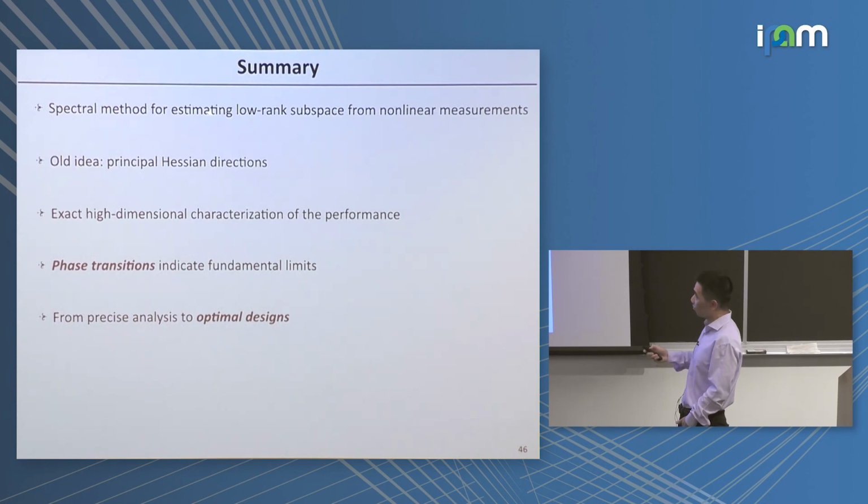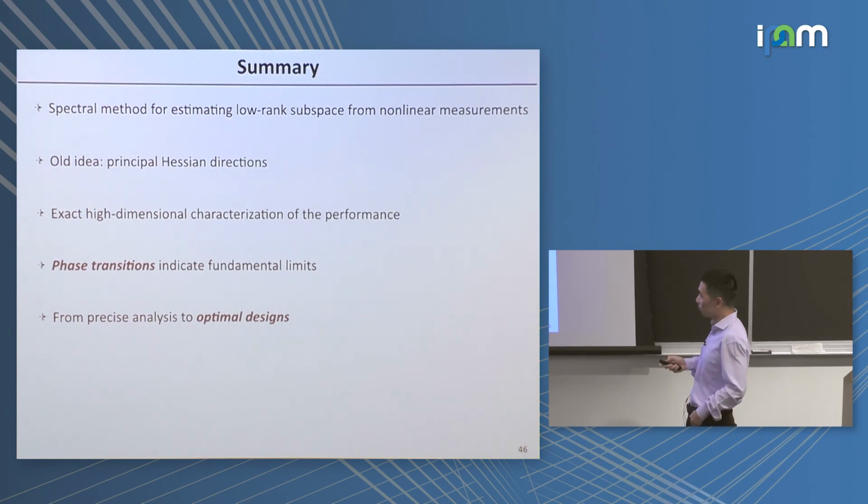But there are other applications such as nonlinear dimensionality reduction. It's a very old idea, I want to mention. And if you make assumptions about the sensing ensembles, you can have a precise high-dimensional characterization.